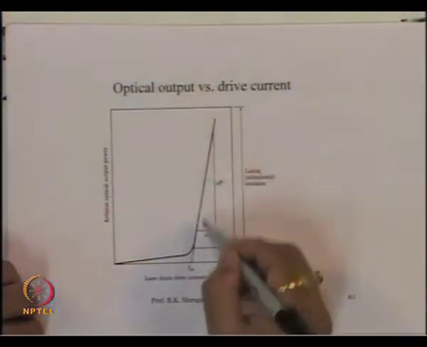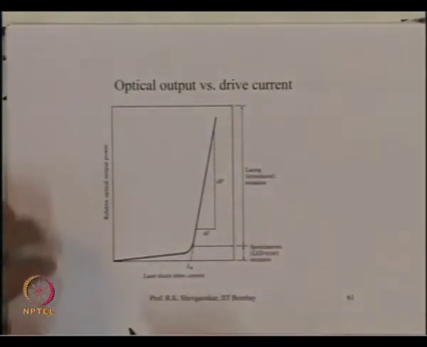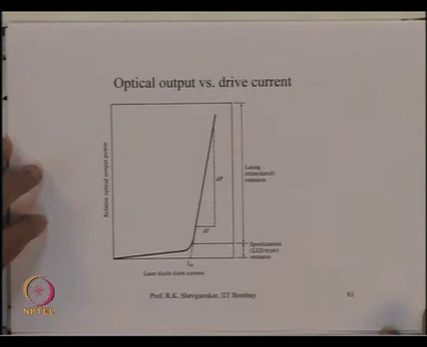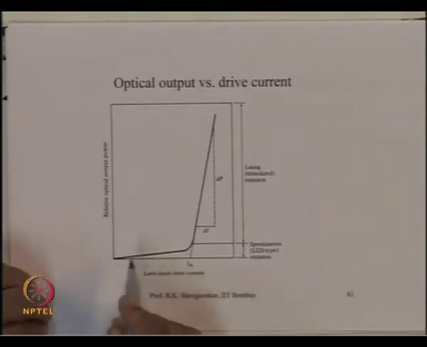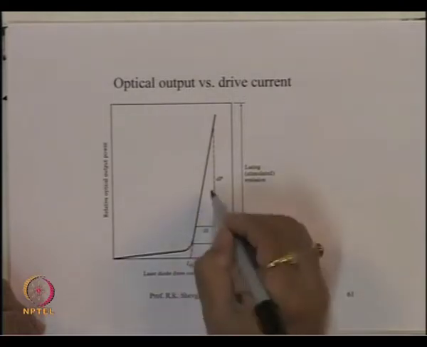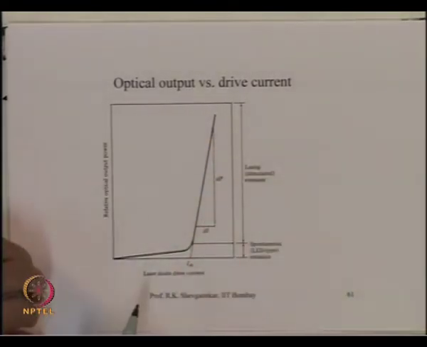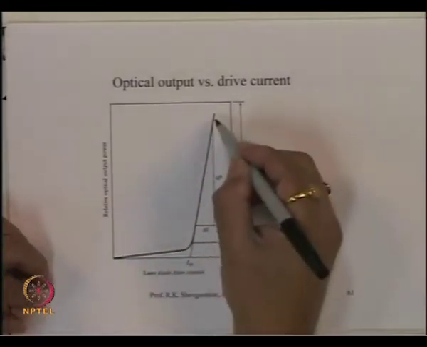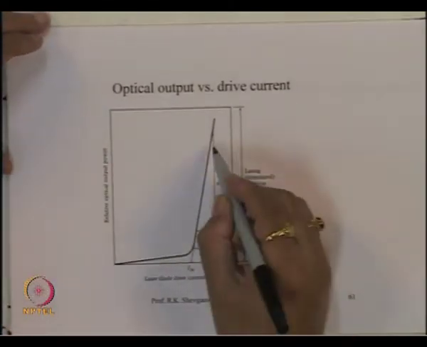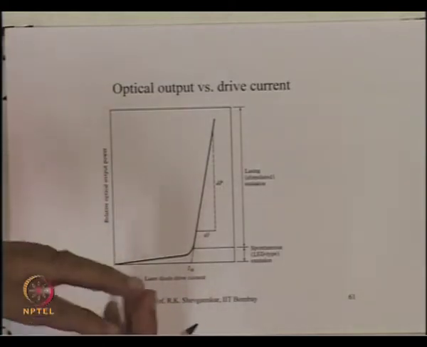One can say that in both the regions, here also I have a linear variation, and here also we have a linear variation. But you will note that this linear variation is more stable, whereas here any small fluctuation in the current will give me a very large fluctuation in the light output. So, though this characteristic is linear here, it is not a very stable characteristic in the sense that I can use this for linear modulation.